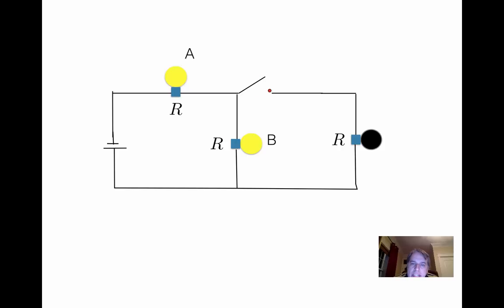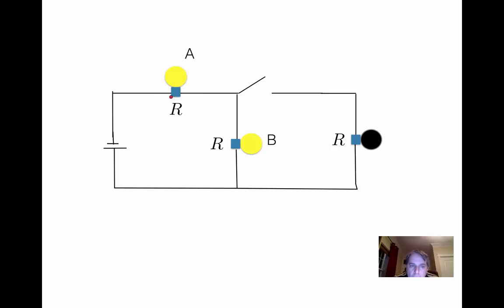Now we close the switch. What will happen to the brightness of light bulb A, and what will happen to the brightness of B? That's a bit more tricky. Focus on A first, that's easier. Try to make your prediction before I tell you the answer.